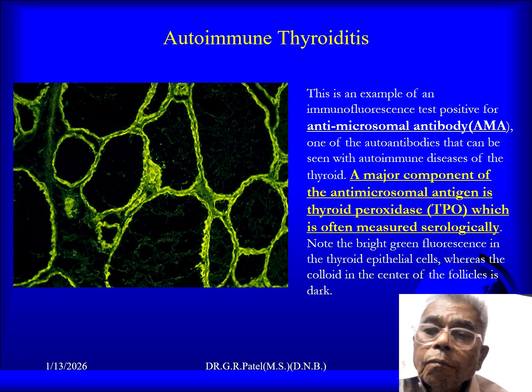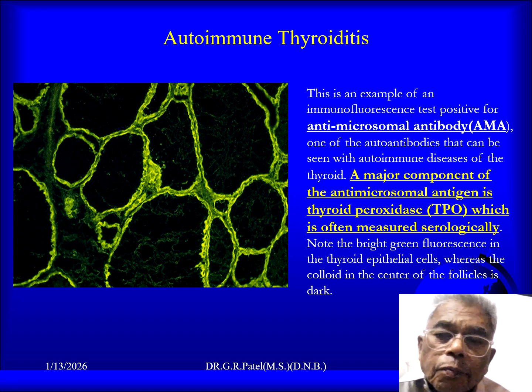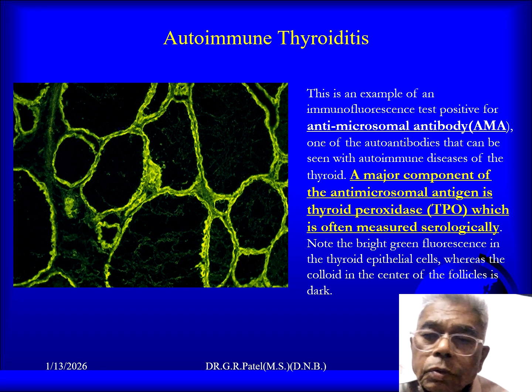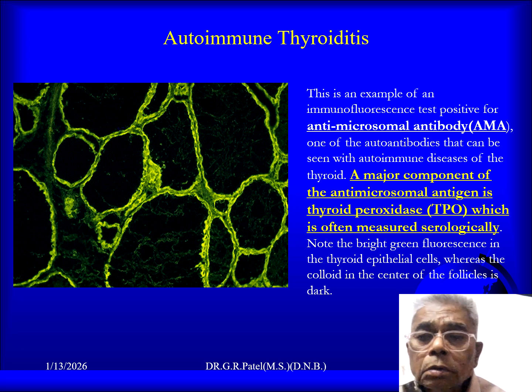A major component of the antimicrosomal antigen is thyroid peroxidase, which is often measured serologically. Note the bright green fluorescence in the thyroid epithelial cell, whereas the colloid in the center of the follicle is dark.